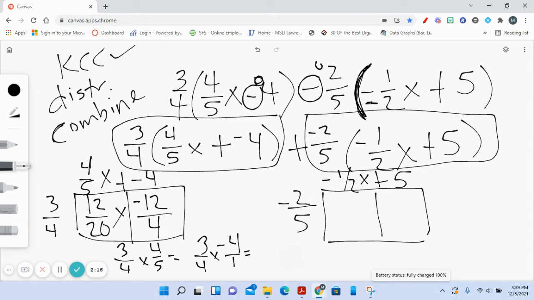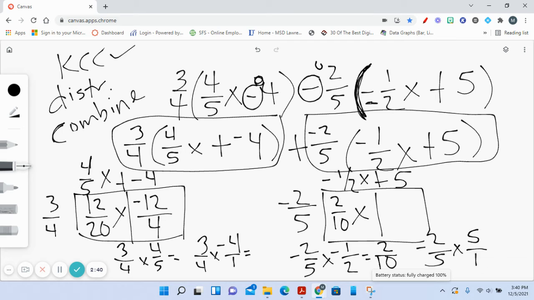Then over here, -2/5 times a -1/2. Negative times a negative. 2 times 1 gives us 2, which is positive. 5 times 2 gives us 10. So 2/10 x. And then -2/5 times 5.